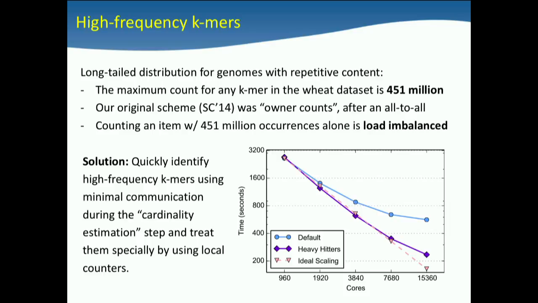Those algorithms are pretty fast, and they require almost no communication. So you can identify these super efficiently, and then you will specially treat them instead of doing owner counts. It helps.